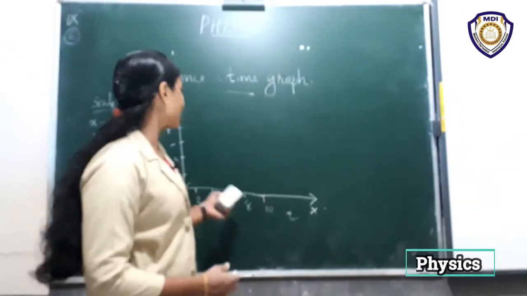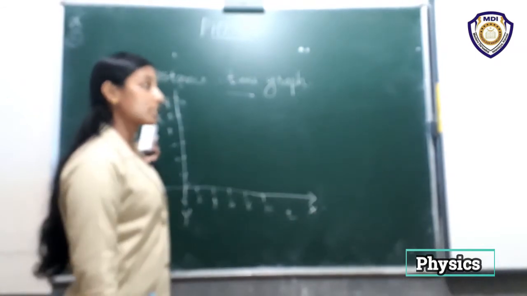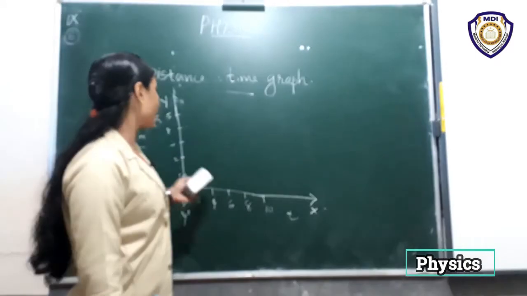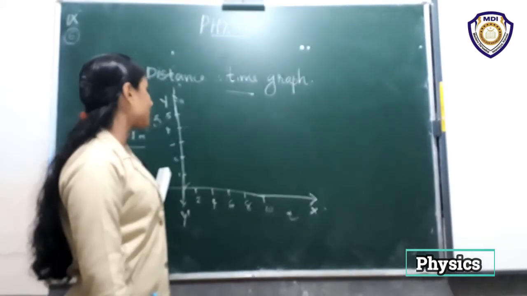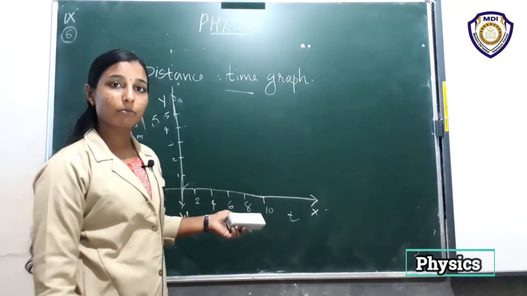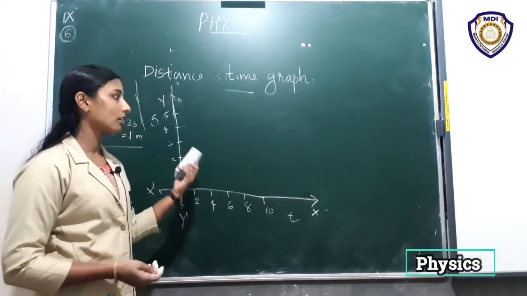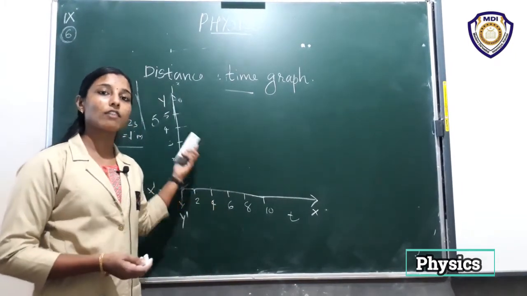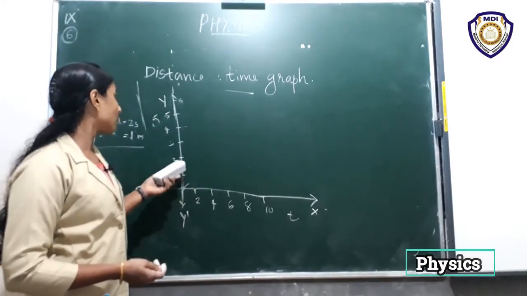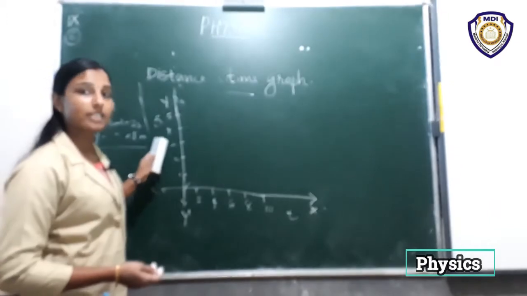So by doing this, you have to keep in mind how we can take the scale. Here it is impossible to take the scale as 1, 2, 3, 4, right? Why can we not take this as 1, 2, 3? In the y-axis we are plotting distance, right?